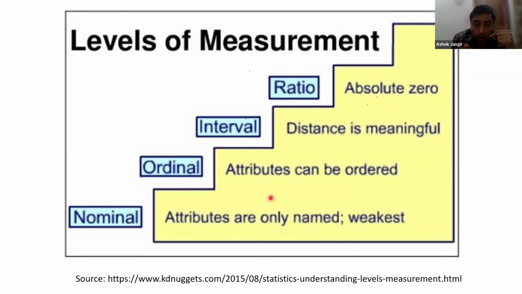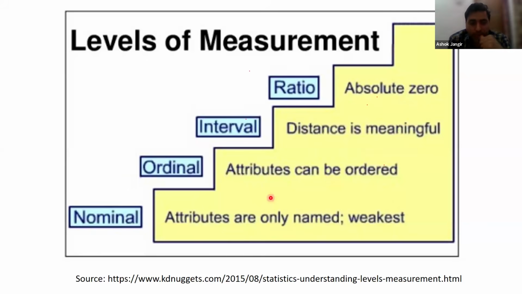So there is some order. In disease severity, there is mild, moderate, and severe. It is ordered. So when we are giving order to any variable, it is called an ordinal variable.